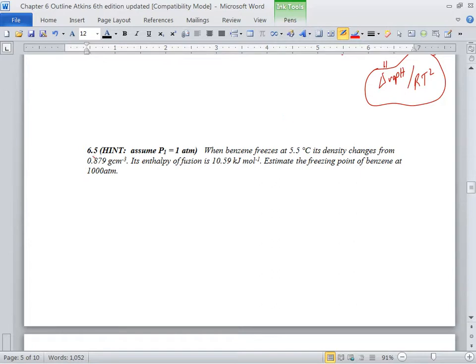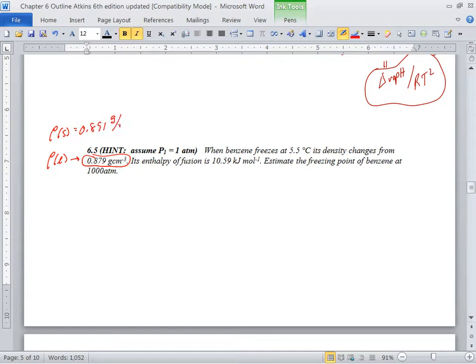This is the liquid. So enthalpy of fusion is 10.59. Estimate the freezing point of benzene at a new pressure.